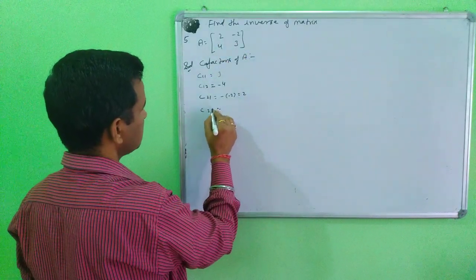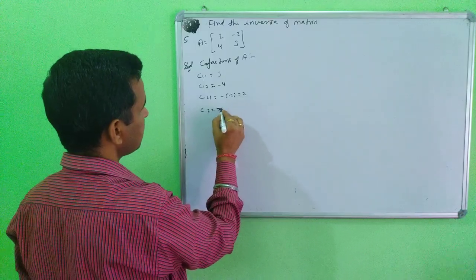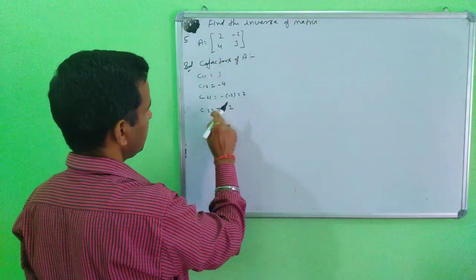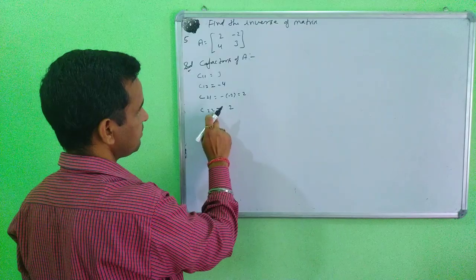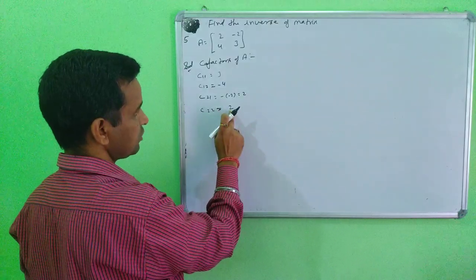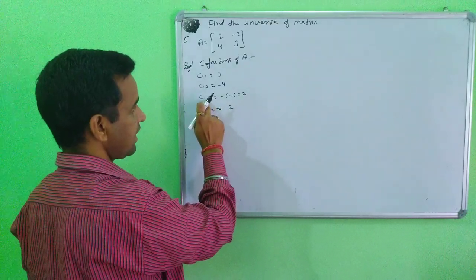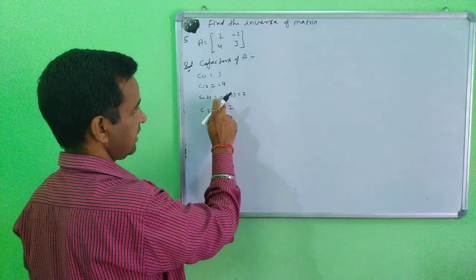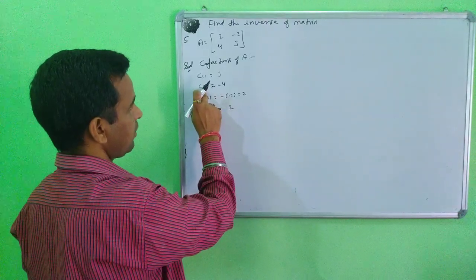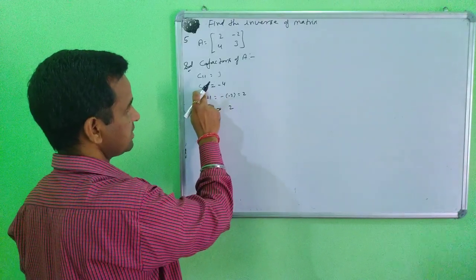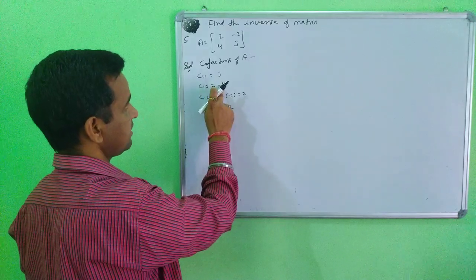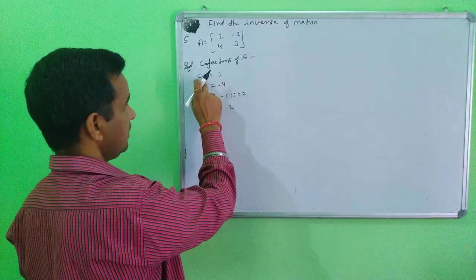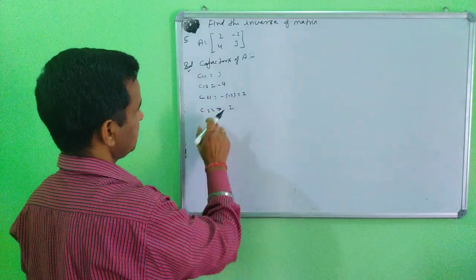C22 is an even number here, so this will come only 2. I plus j adding here, so this is even, then positive sign. 2 plus 1 is 3, then here comes a negative sign. Suppose 1 plus 3, 3 is odd, then here negative sign, and here even number, then here positive sign.